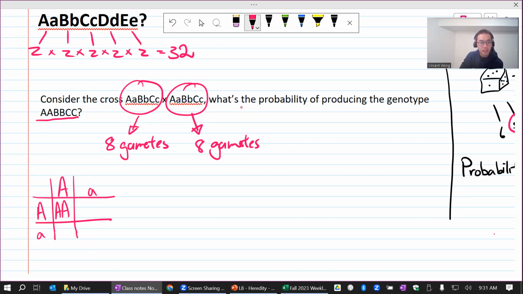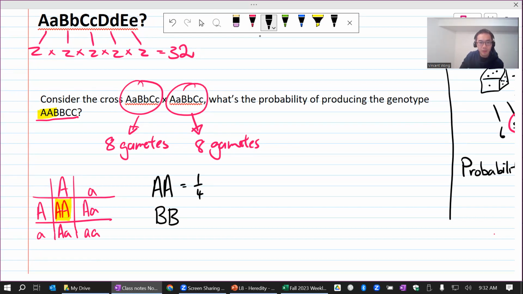So if you fill it out, what's the probability of getting big A, according to the table? Big A is 1/4. That's right.